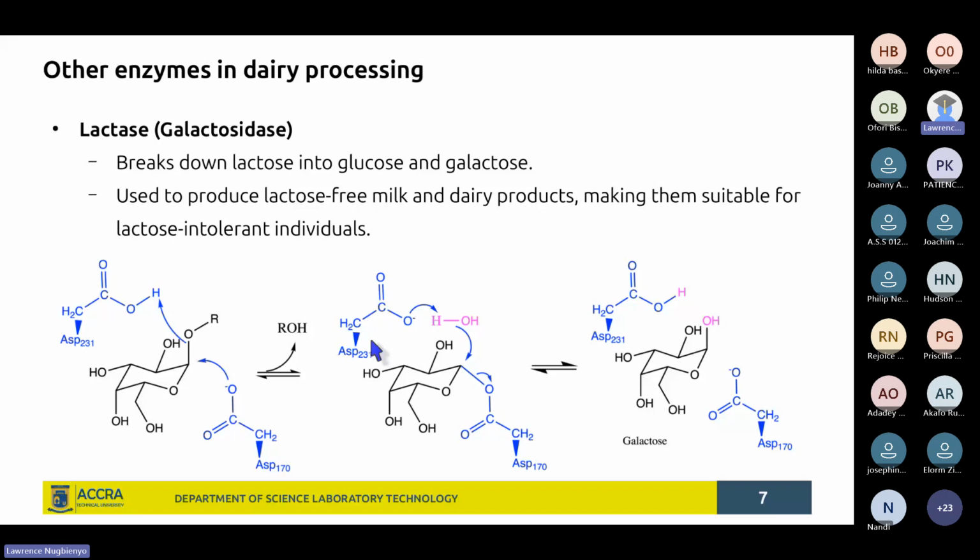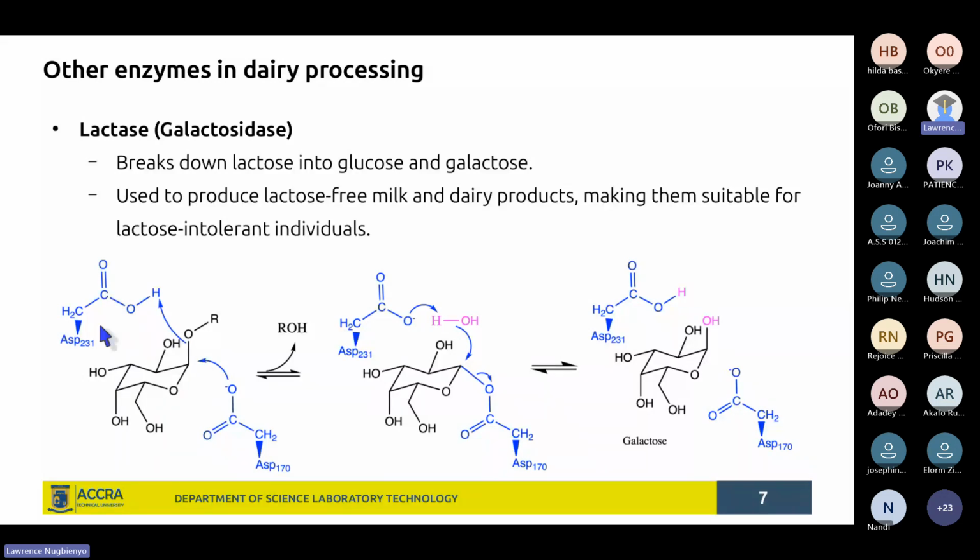What you see below is just a mechanism of the breakdown of lactose by lactase. I think we did look at it when we were looking at the mechanism of action of enzymes, and this is a representation of such mechanisms. I just wanted to pay attention to it because we did talk about active sites of enzymes.